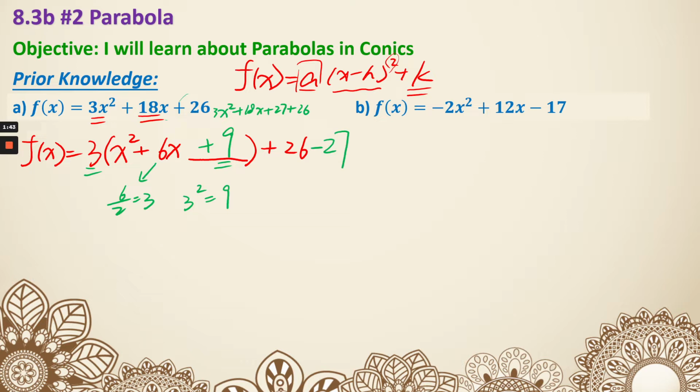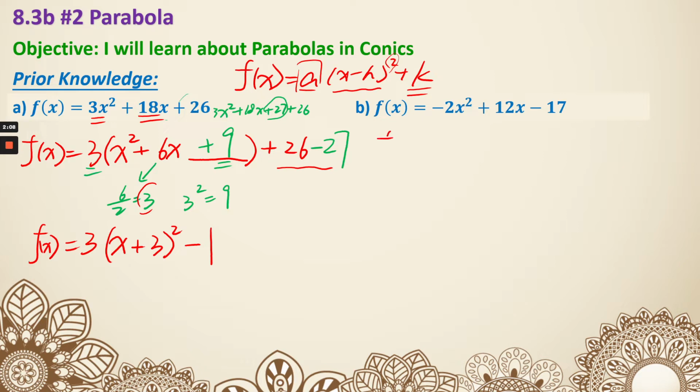Basically, whatever extra number we added, we balance it out by subtracting on the end. Now we can keep going. 3 and inside the parentheses is going to be x plus 3, squared. On the end is 26 minus 27, which is minus 1. That is the vertex form.